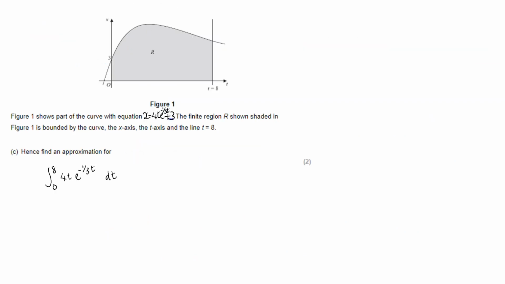This is part C of the trapezium rule question, and we're asked to hence find an approximation for this integral. So we can see it's going from 0 to 8, the same, but our original diagram said x is equal to 4t e to the minus 1/3 t plus 3, and we haven't got the plus 3 on the end.